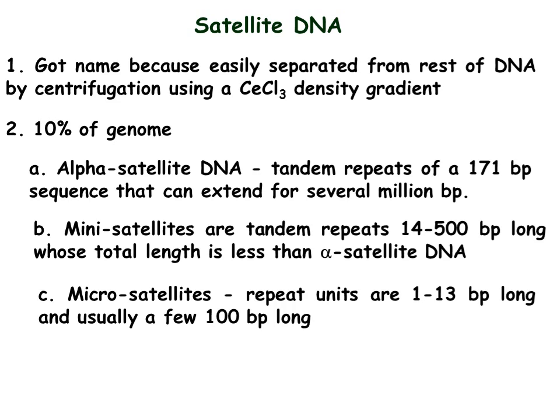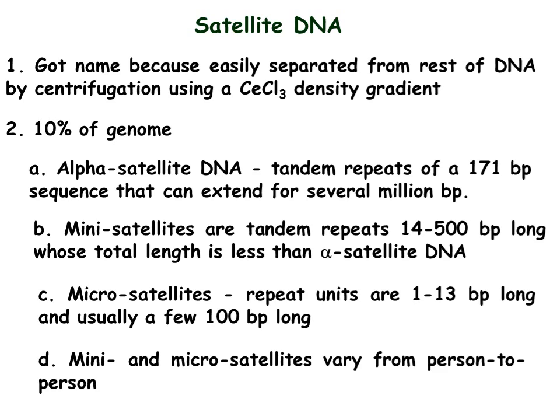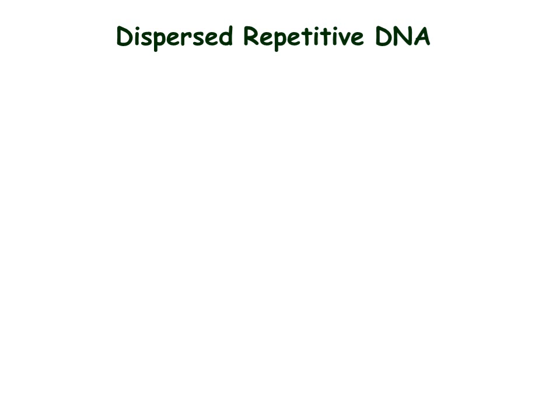And if you want to get even smaller, we have the microsatellites. These are very small. Repeat units are 1 to 13 base pairs, and usually only a few hundred long. Now, mini and microsatellites vary from person to person. We don't exactly know the mechanism for it, but we can see that in some cases it can lead to disease.